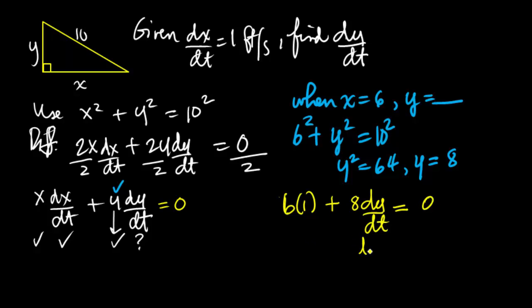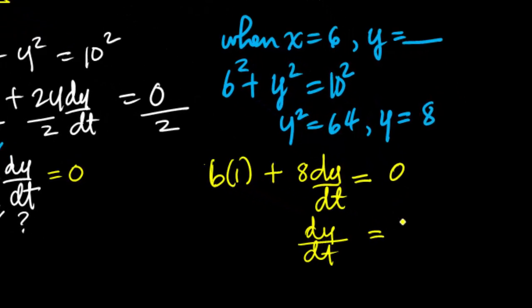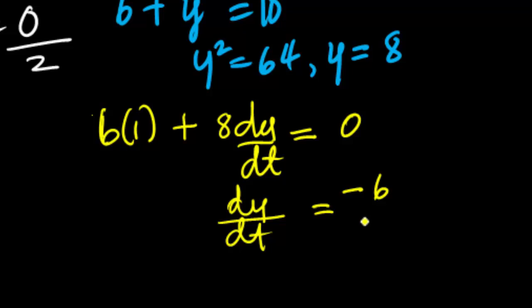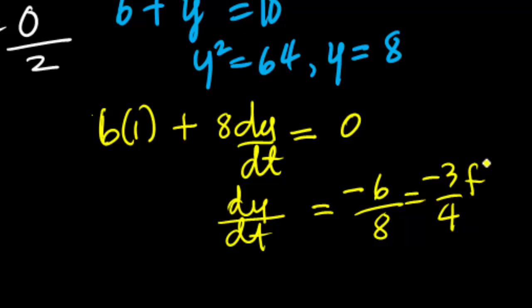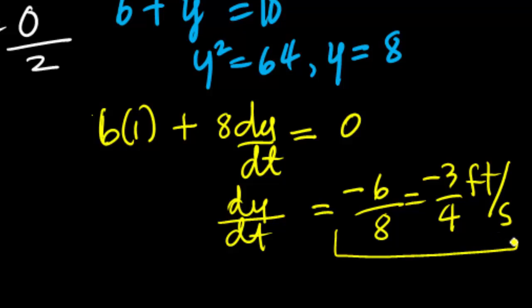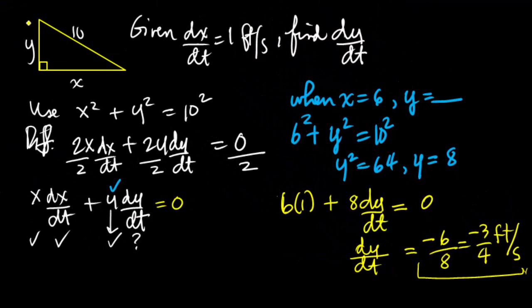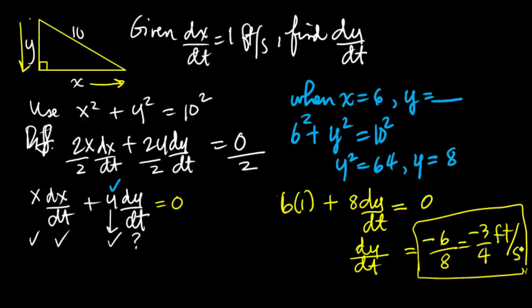So dy by dt is just equal to, moving the 6 to the right side, minus 6, divided by 8, so that's equal to negative 3 over 4 of a foot per second. This is how fast the top of the ladder is sliding down the wall. And why is it negative? Because it is sliding down as the x slides to the right. Okay, so there's the answer to the question.